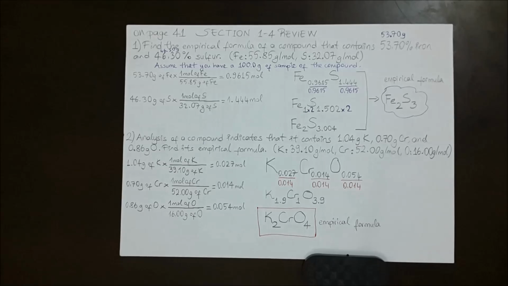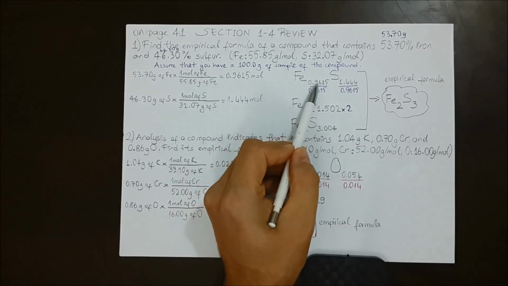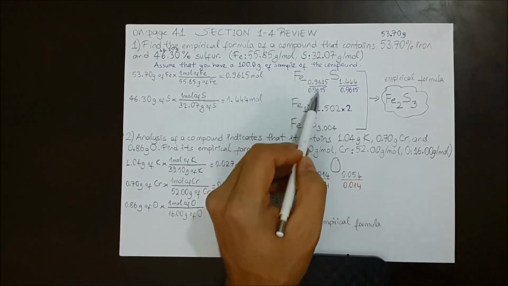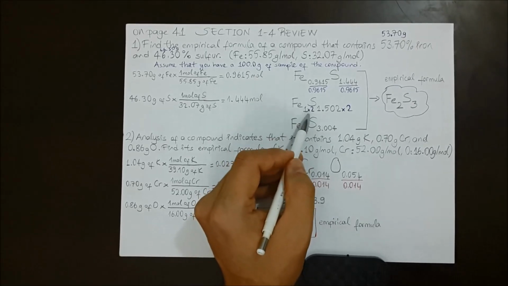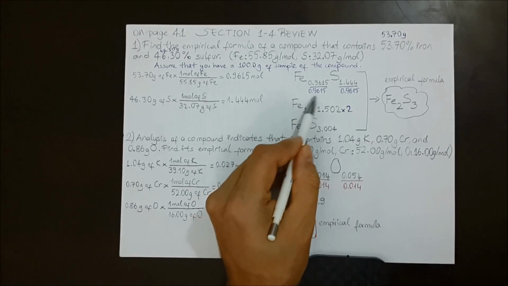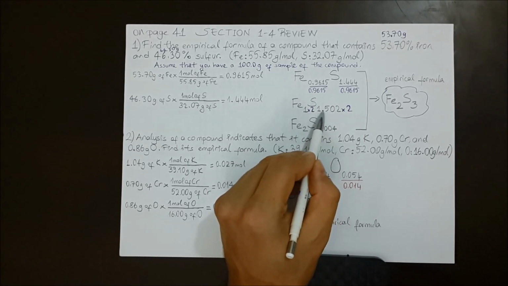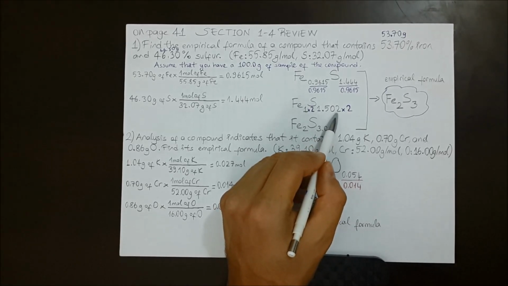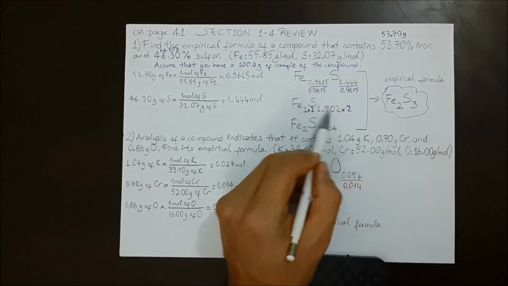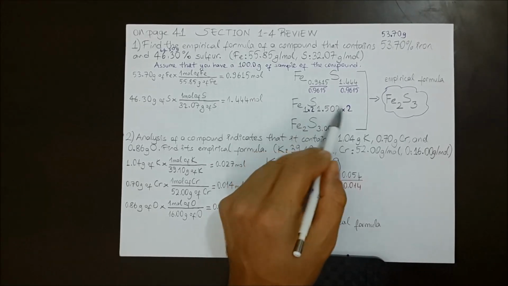The smallest one is this one. I will divide each subscript by the smallest one. Then I will get the results. Fe1 is 1.502. It's neither close to 2 nor 3. For this reason, I must expand the subscripts by multiplying by 2.